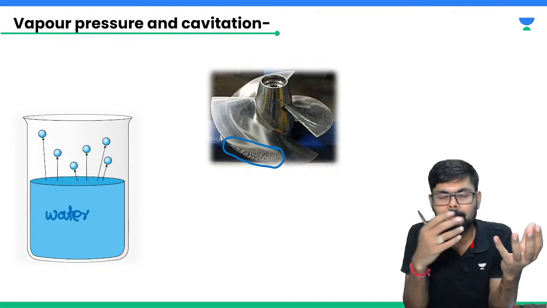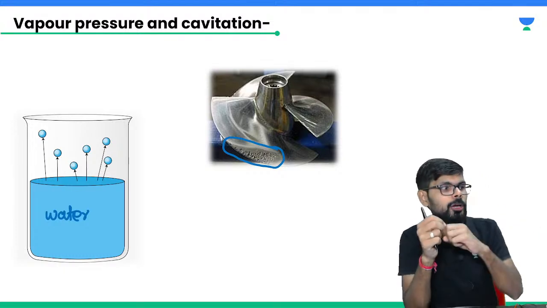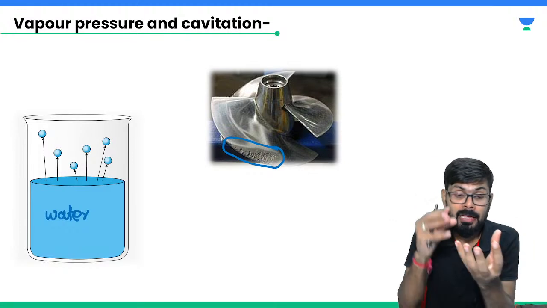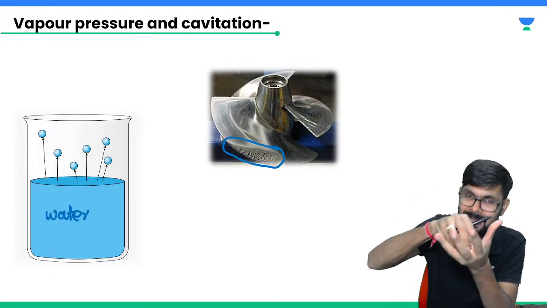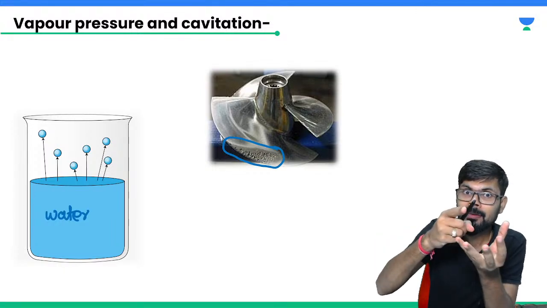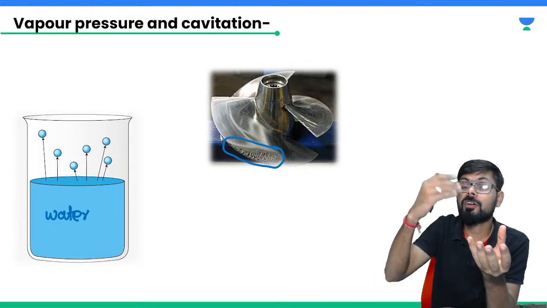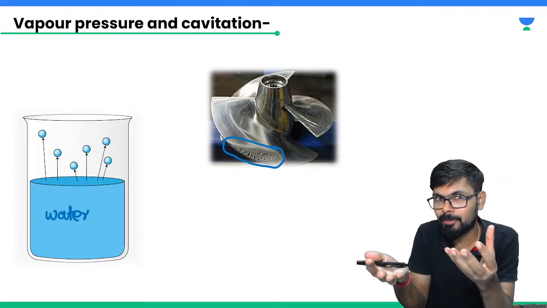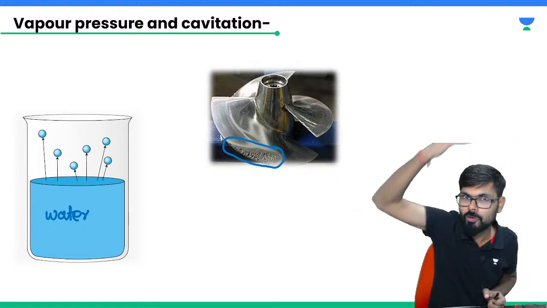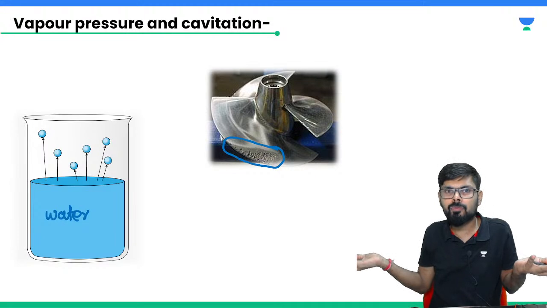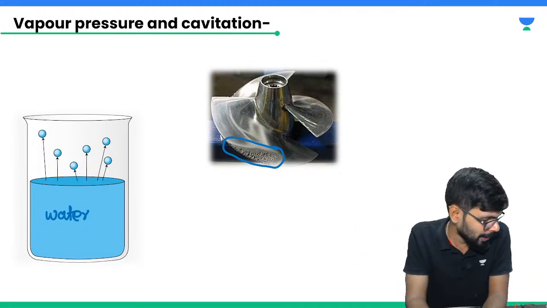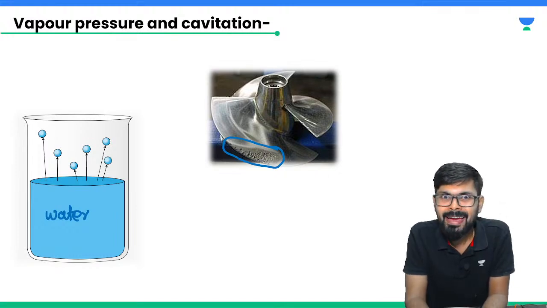If the same water is in your glass, it will take 30 to 40 days to evaporate completely. But if you throw that water on the floor, then maybe after 1-2 hours itself it will evaporate. Why is it happening?